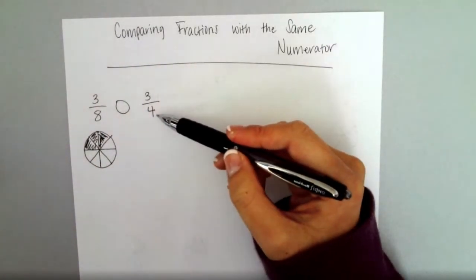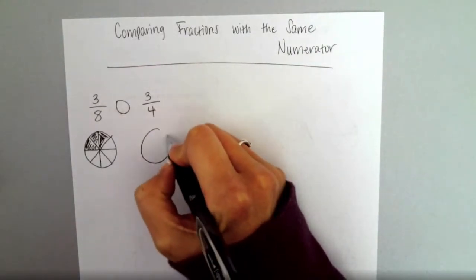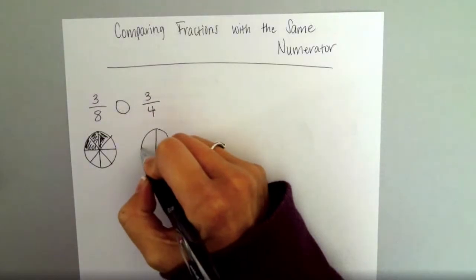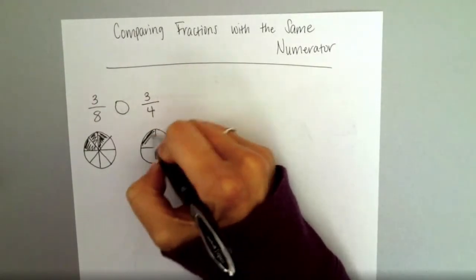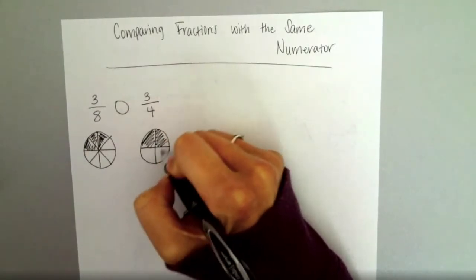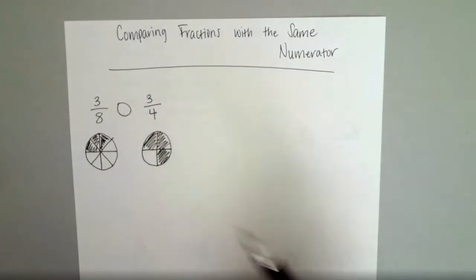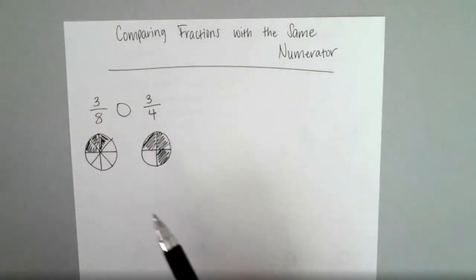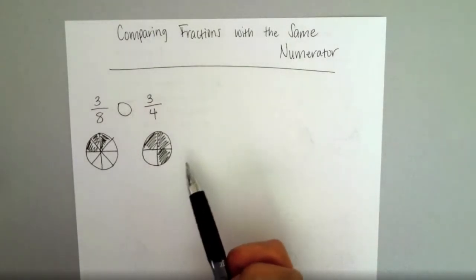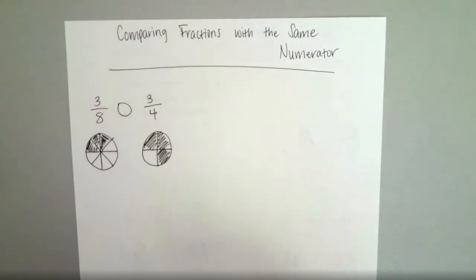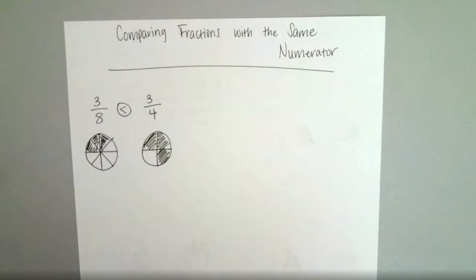And over here on the right side, I have 3/4. So I know that my circle is going to be divided into 4ths. And I know that 3 of these pieces are going to be shaded in. So looking at my visuals, I can see that with my circles, I have more shaded on this 3/4. So I can come to the conclusion that 3/8 is less than 3/4.